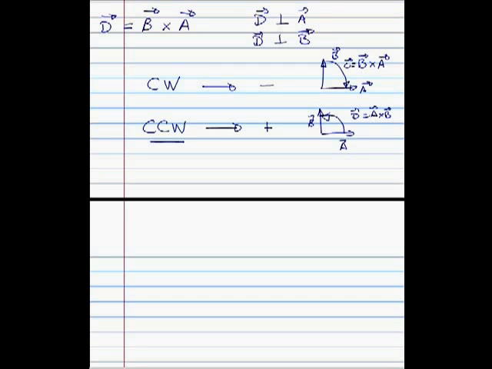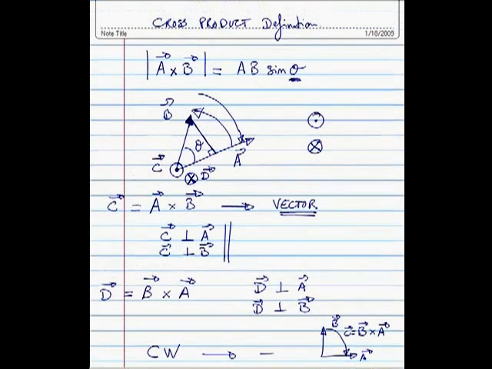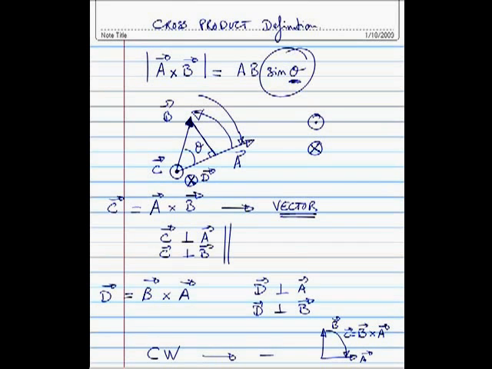So remember, cross product also shares a similar property as the dot product, in the sense that, remember when we said with the dot product that if A was parallel to B, the dot product was maximum, and if A was perpendicular to B, the dot product was minimum. Well, in this case, you're not dealing with a cosine, but you're dealing with a sine.